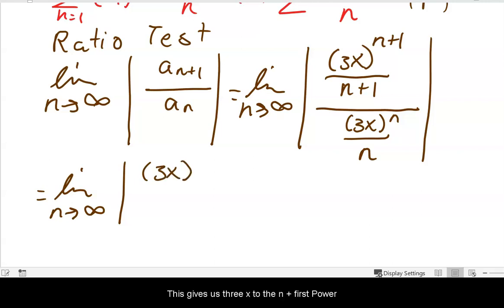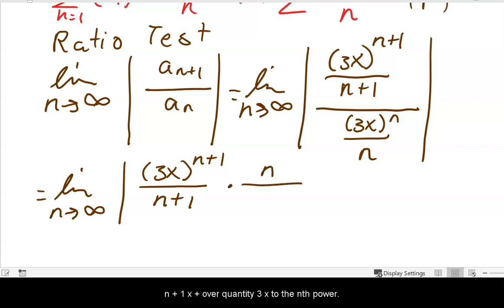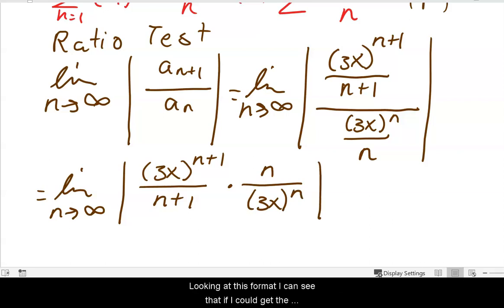This gives us 3x to the n plus first power over n plus 1 times n over quantity 3x to the nth power. Looking at this format, I can see that if I could get the powers to be the same, I could do some cancellation. I cannot cancel the n and the n plus 1 because n plus 1 is a binomial factor group. The whole thing goes or none of it goes.